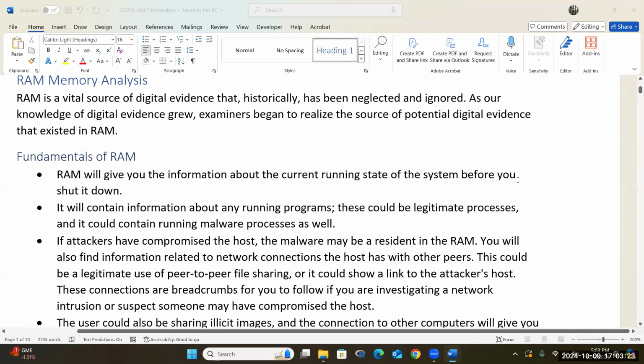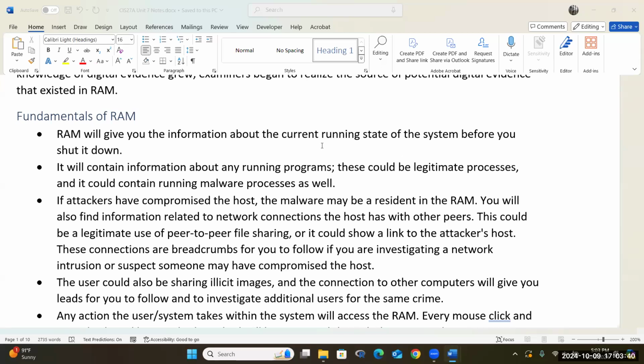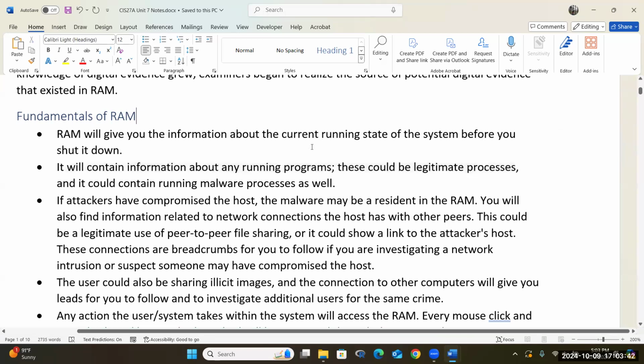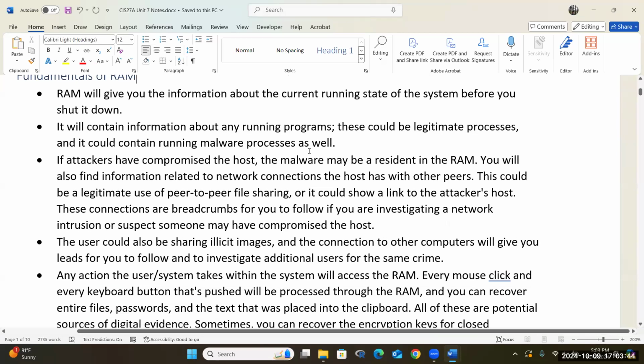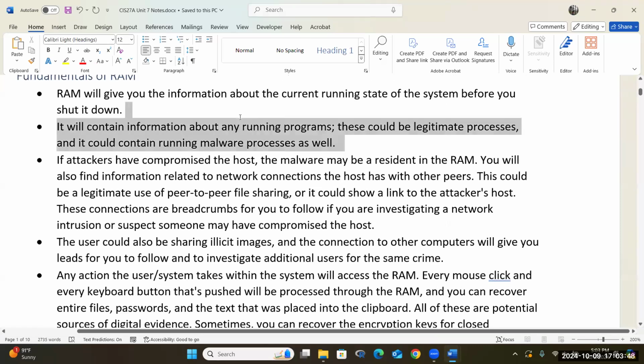So at the beginning, we need to talk about the fundamentals of RAM, which is random access memory, what it is. Your system requires RAM to be able to load applications and to establish the running state for the system. In order to look at the processes and run the program, it needs to load it into random access memory.